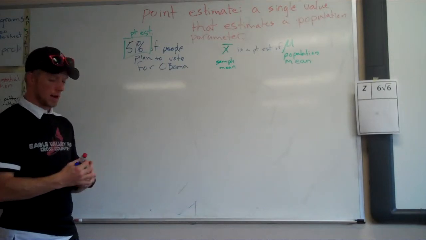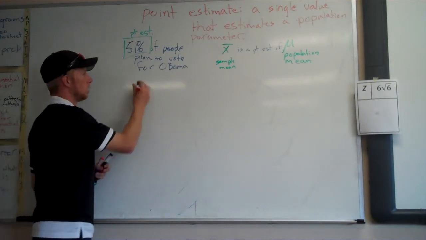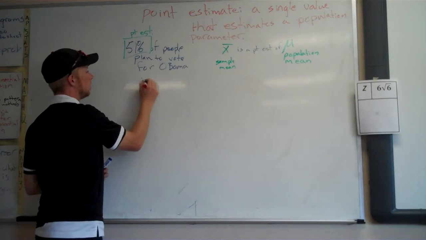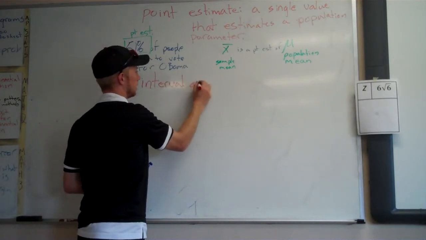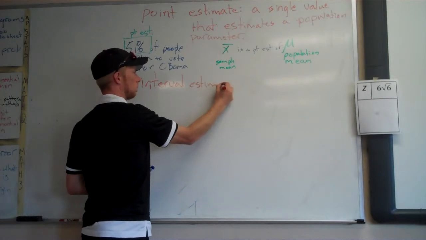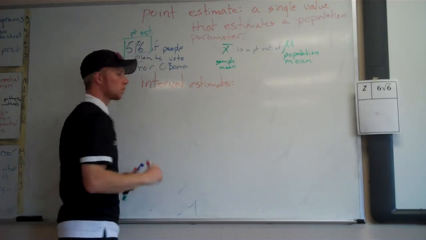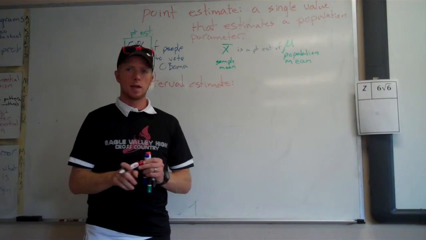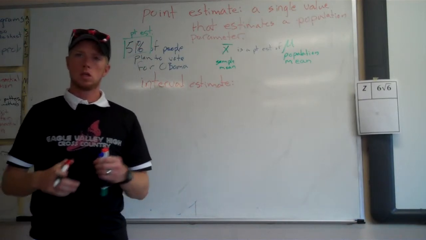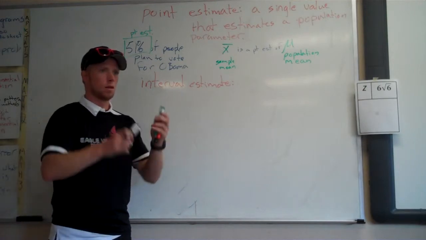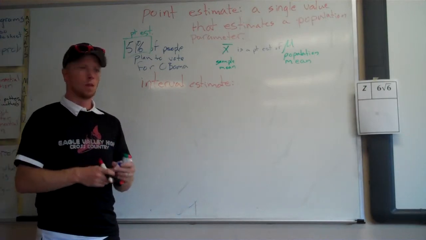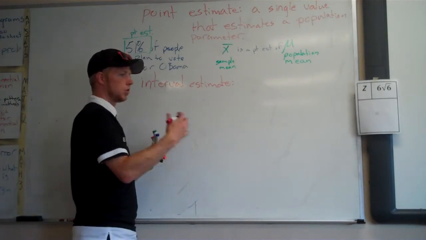And this leads us to our next definition, which is an interval estimate. An interval estimate is what is going over a range of information. So an interval is a range.